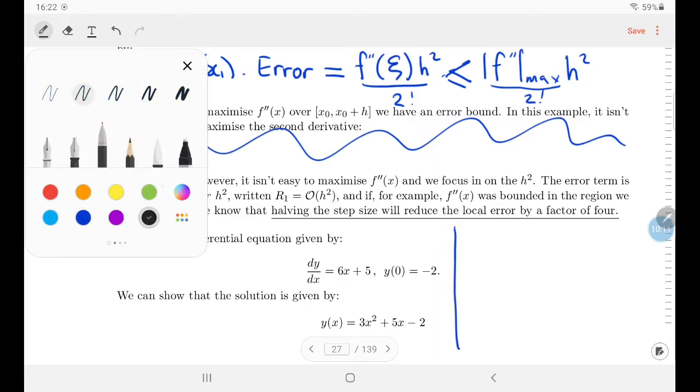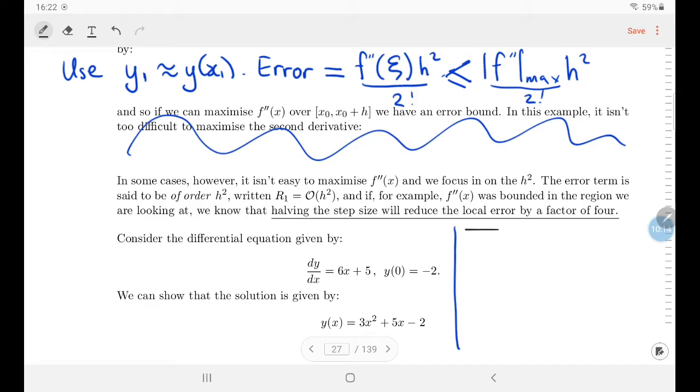Okay, so suppose the original step size is h0. And so the original error, now this is going to be called a local error, so I put the L there because it's over one step. Remember, Euler's method is loads of steps. It's less than or equal to some multiple of h0 squared. Okay, now if we change to, sorry, not twice, but half the step size, what happens to the local error?